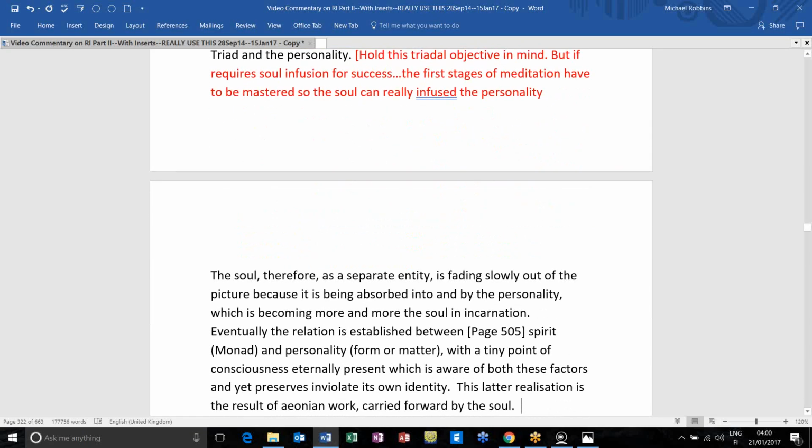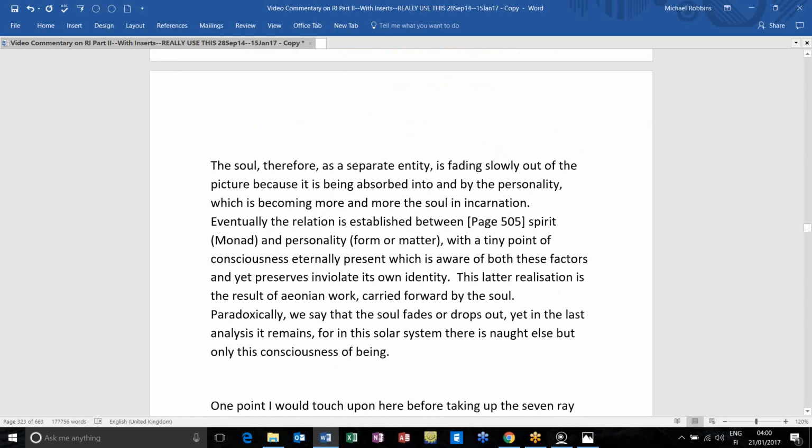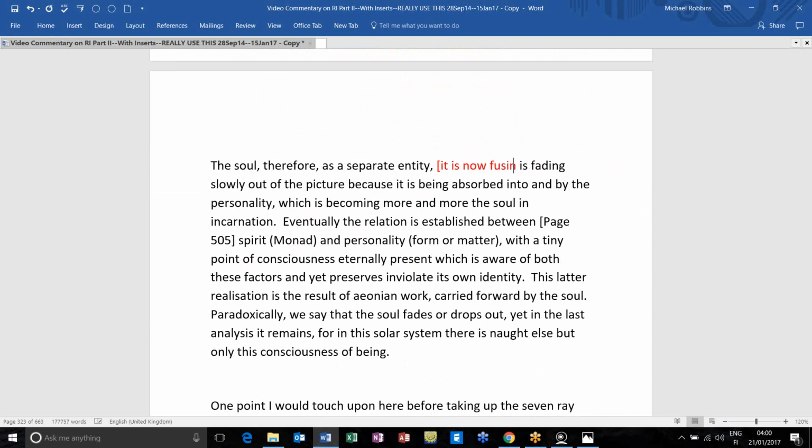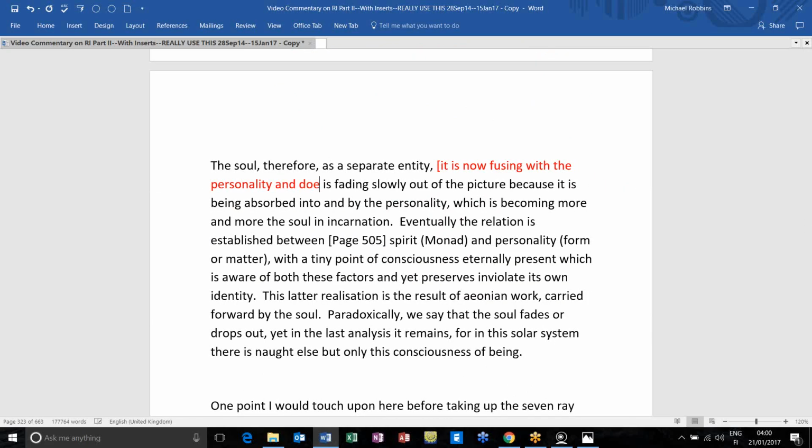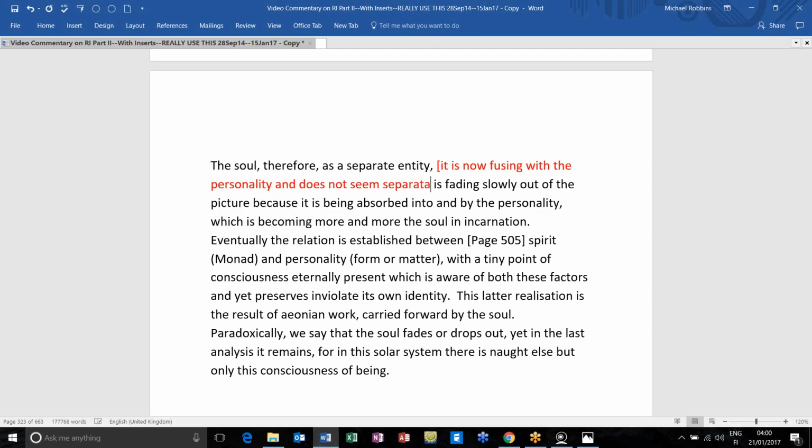Okay. The soul, therefore, as a separate entity, because it is now fusing with the personality and does not seem separate, is fading slowly out of the picture because it is being absorbed into and by the personality.